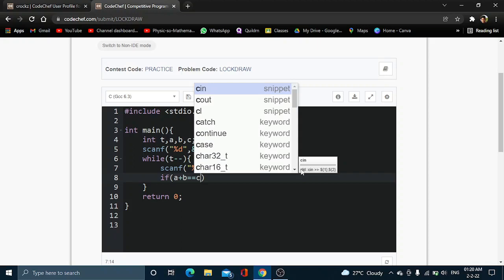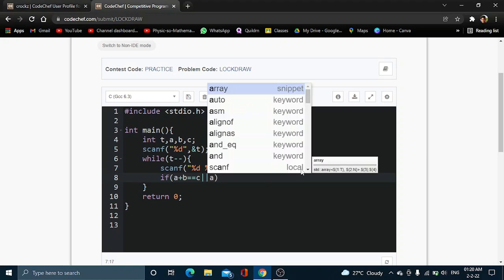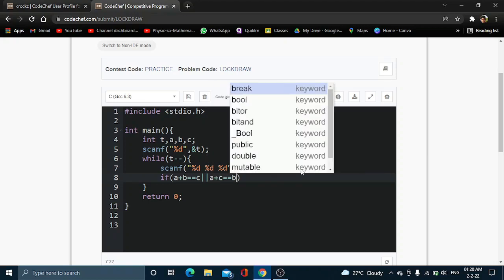Let's assume the first person has solved 2 questions and the other person has solved the last question. If the value of both the questions is equal to the value of the third question, then we can say there is a draw case. Or if the first person solves the first question and the third question, which is equal to the question solved by the second person, then also a draw case may arise.